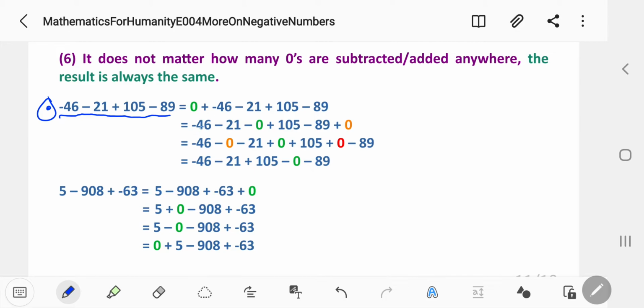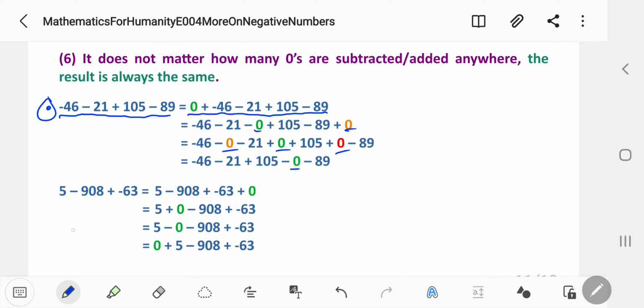You can place 0. It's still the same because 0 is nothing. Anyhow, 0 does not affect the value of the numbers. So you can add 2 zeros, or you can add or subtract 3 zeros. It doesn't matter. So that's 0, nothing.